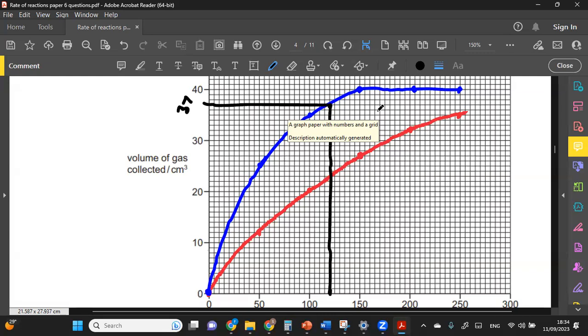So yeah, you know it can't be greater than 40. 40 is the maximum that we are getting. We cannot go past 40. So the question is that at 250 seconds, we have collected around 35 centimeter cube.